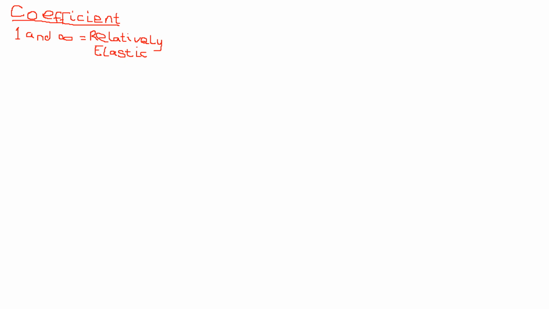And then you can also apply the formula, and if you get a value that is between 0 and 1, then what it means is this is relatively inelastic. In other words, this is inelastic demand.